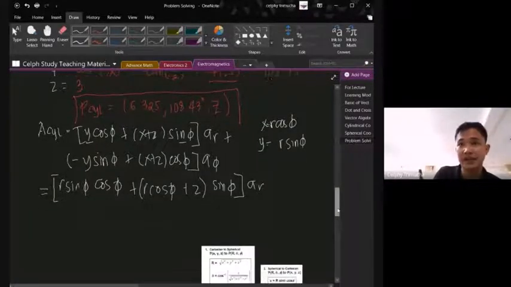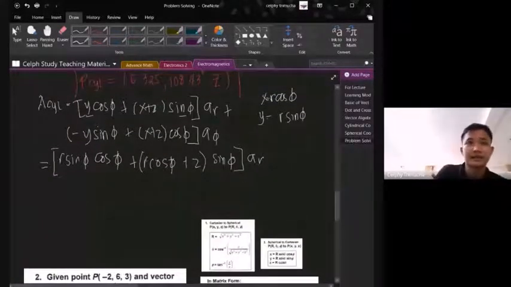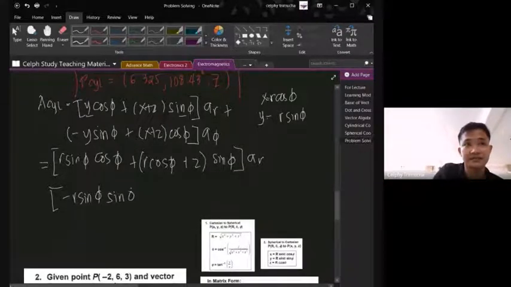So sa A R pa lang na, then we will have para sa A phi, substitutan natin. So negative y, negative r sine, then copy natin ang sine. Next, plus x plus z.